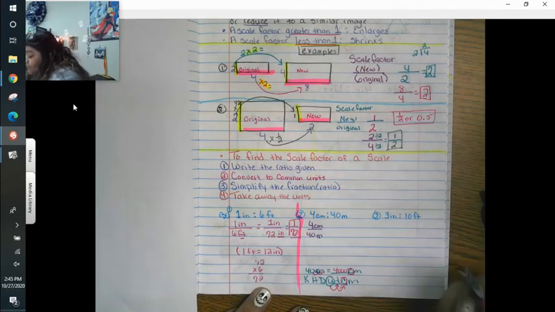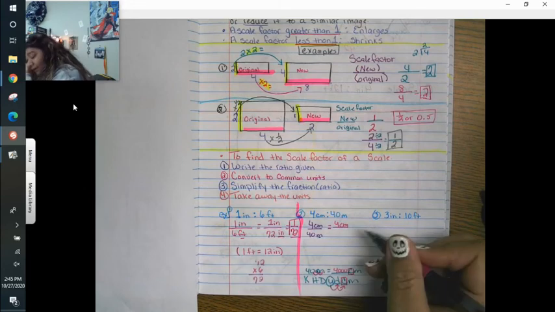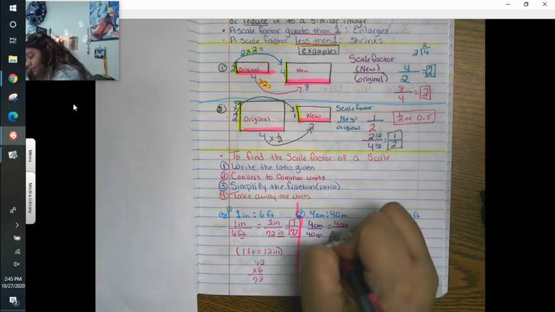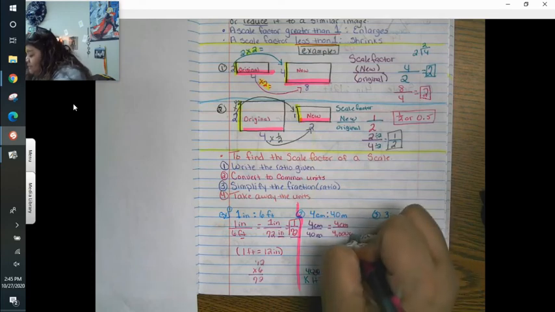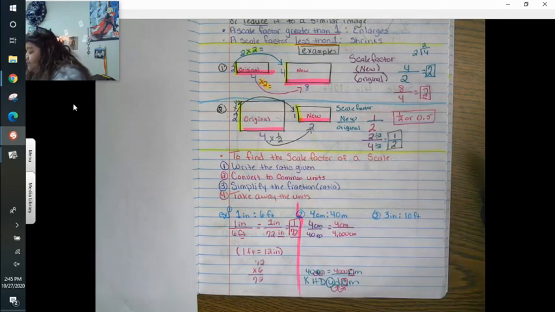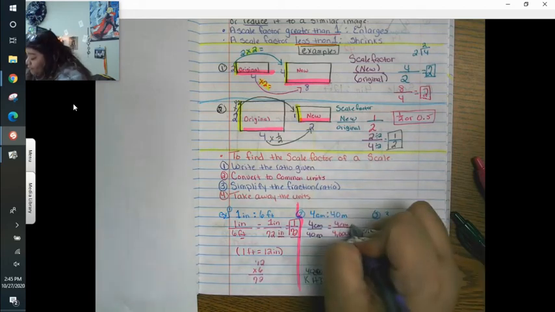All right. So keep the centimeters. I know now that 40 meters is 4,000 centimeters. Okay. Now we simplify. I can definitely divide both of these by 4.